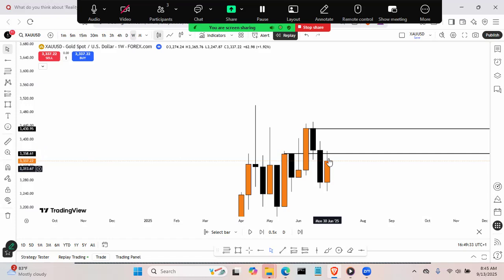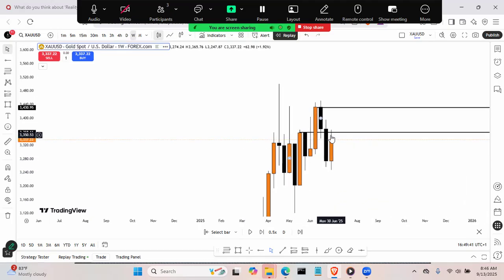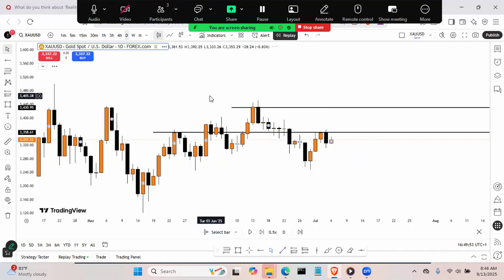But if the candle closes below this level with a wick on it, then it becomes unfresh. It means I might have to go down to a lower time frame to see if there's a break of structure or a reversal to the downward side. Because this is a weekly time frame, I can go to a lower time frame, like the daily time frame, on that level there.